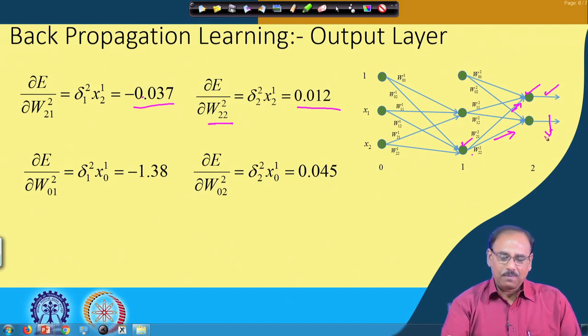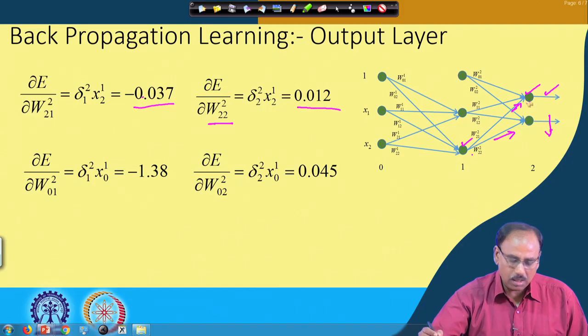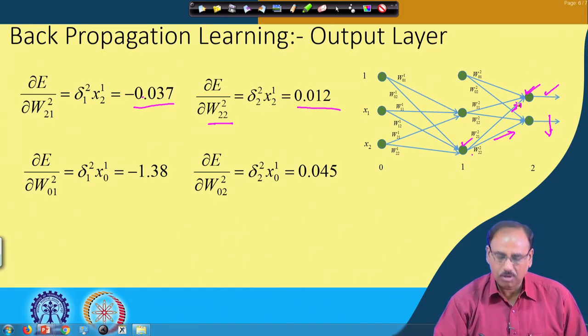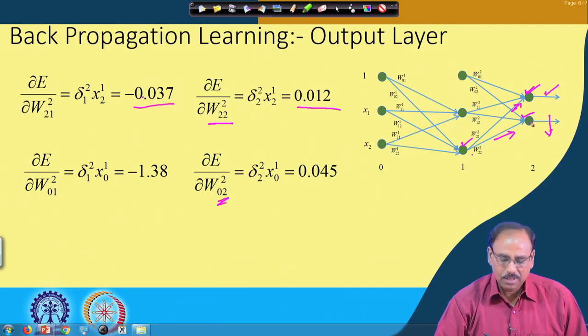In the same manner, the bias term, bias is nothing but W012, which is the bias of the first node in the output layer, and W022, which is the bias of the second node in the output layer.